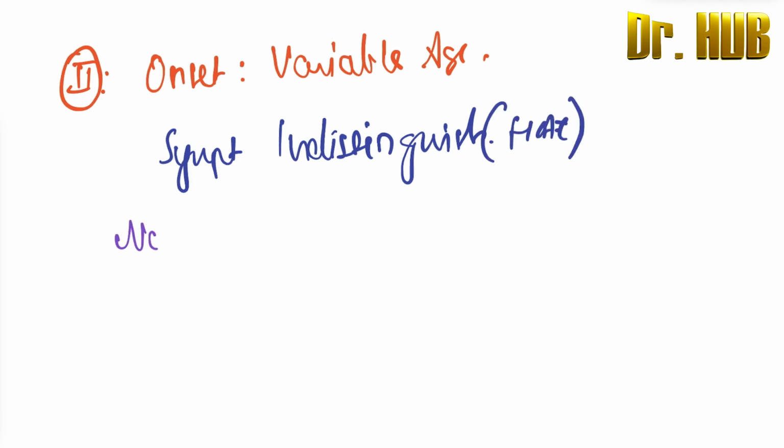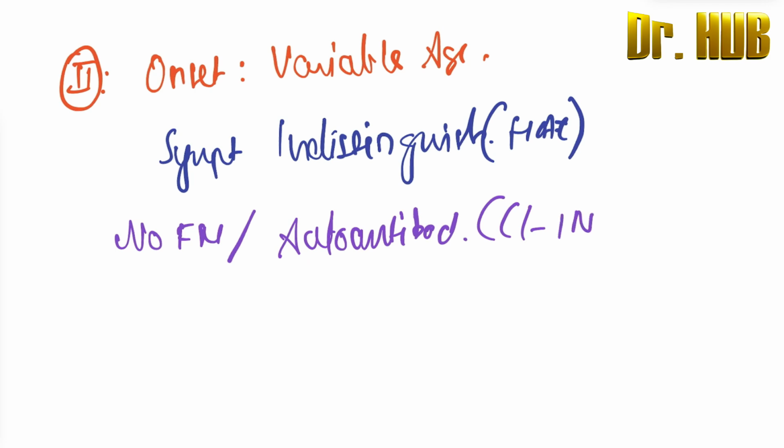There is no family history, and it is often associated with an autoantibody that binds to the C1 INH. So what are the features here?